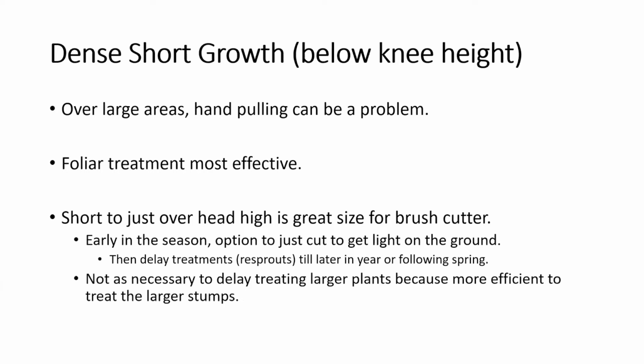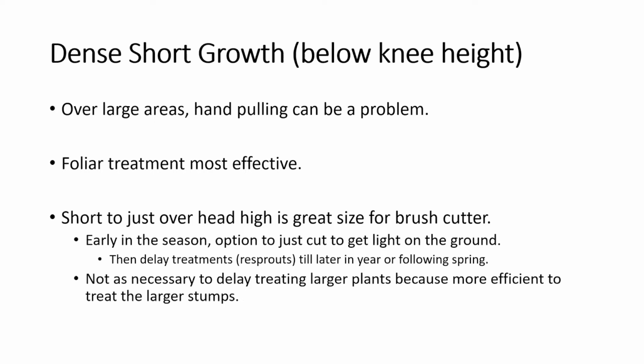Now, you can also do cut stump treatments on plants this small, but you want to be more particular with the herbicide solution you're using because you're treating such a small area. These very, very short plants, you're talking about stem diameters of less than half an inch usually. I would favor something, if I was doing a cut stump treatment on these short plants, which I would not normally recommend when you're working over large areas.